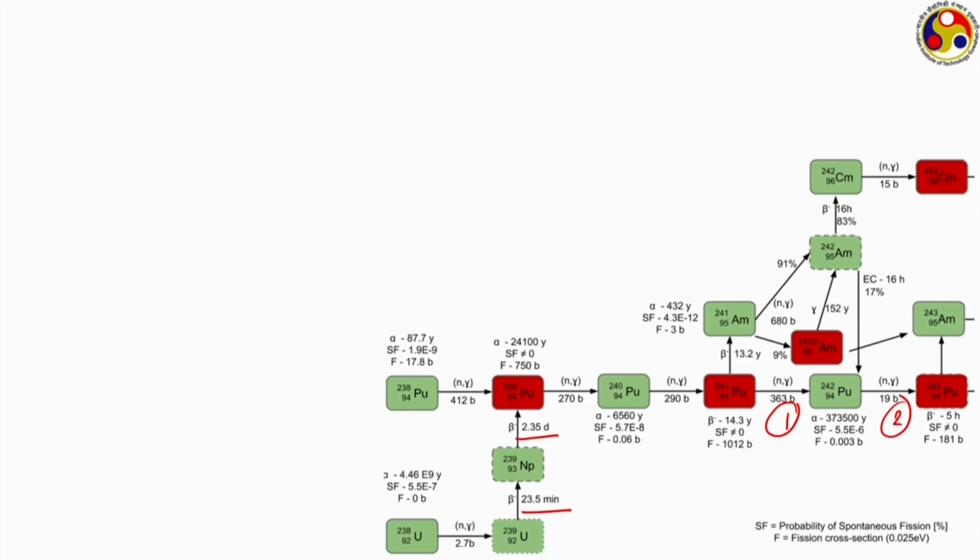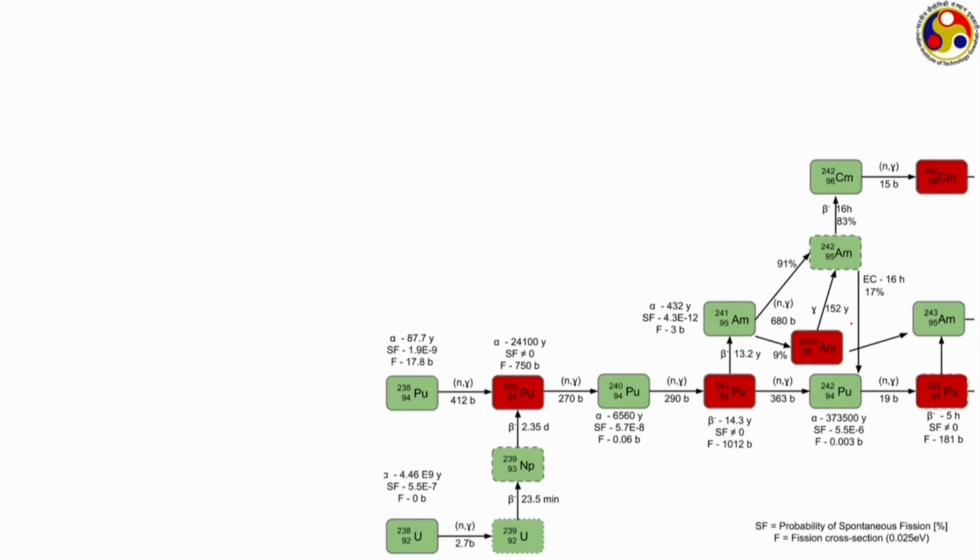So, plutonium 239, plutonium 241 and plutonium 243 all are fissile, and there are several ways they can get produced. Plutonium 241 can also go through a beta decay process to produce Am 241, and Am 241 can go through 2 different kinds of reaction.